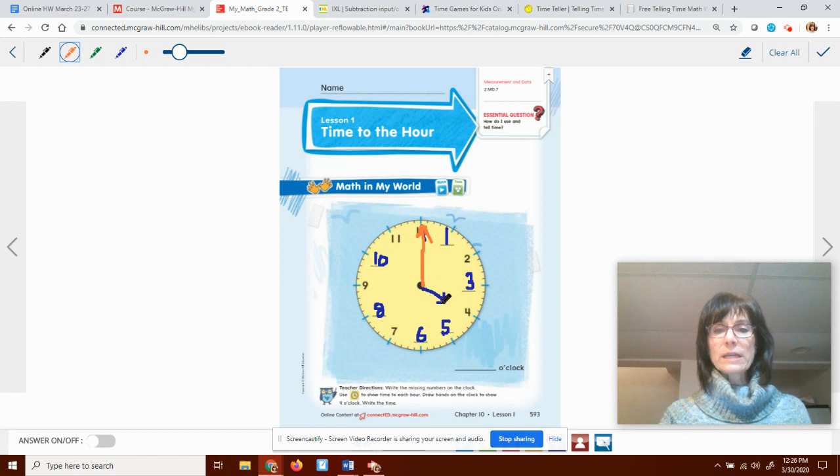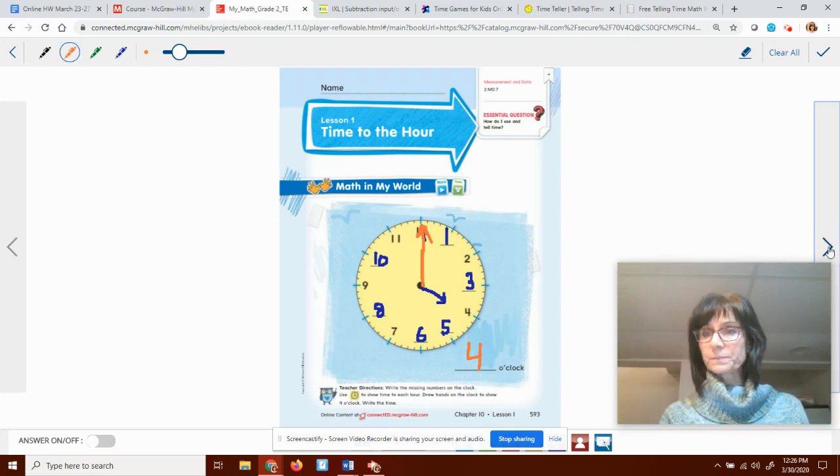And my hour hand is right there at 4. So I would say this is 4 o'clock. It could be 4 o'clock in the afternoon, which would be the time you normally would come home from school. Or it could be 4 o'clock in the morning where we're all sleeping.